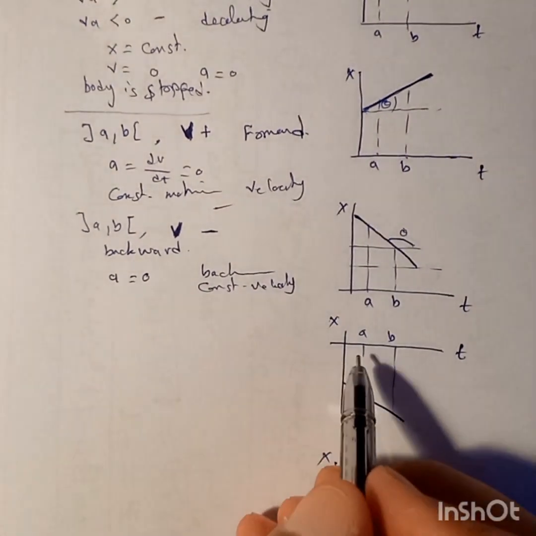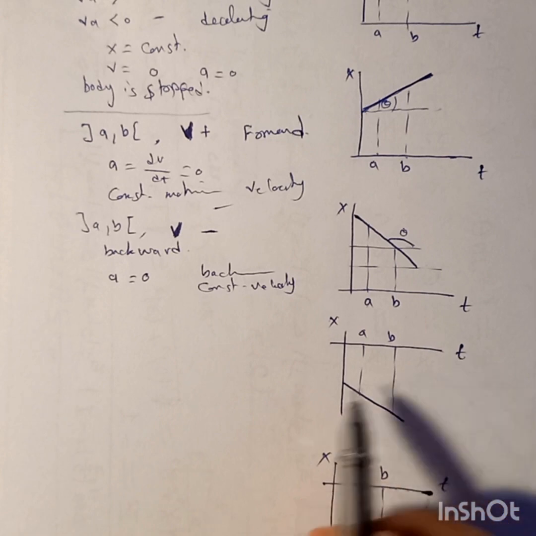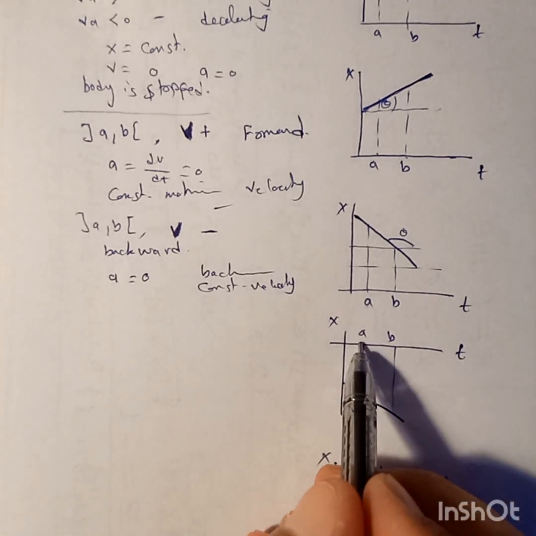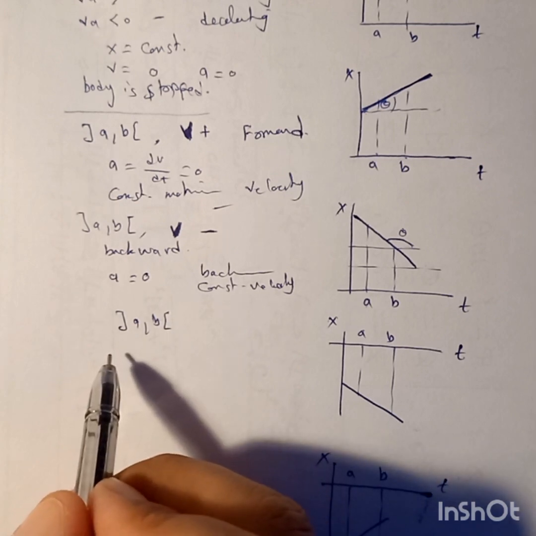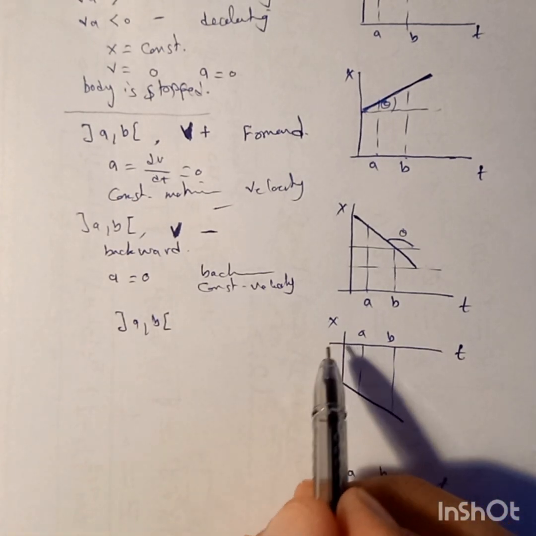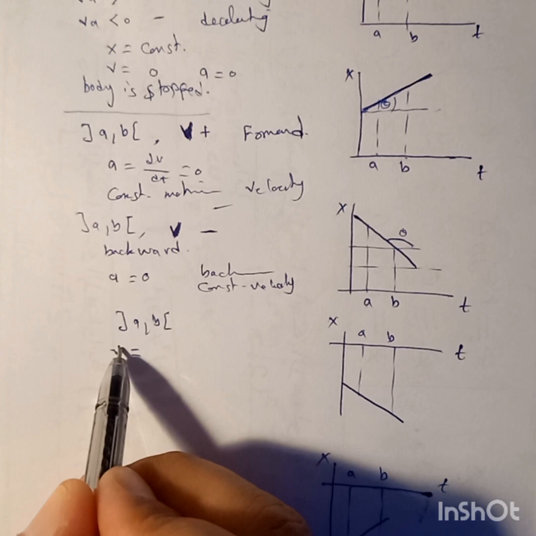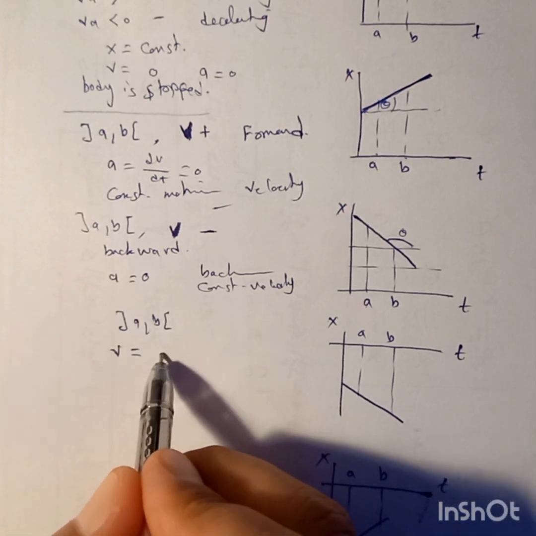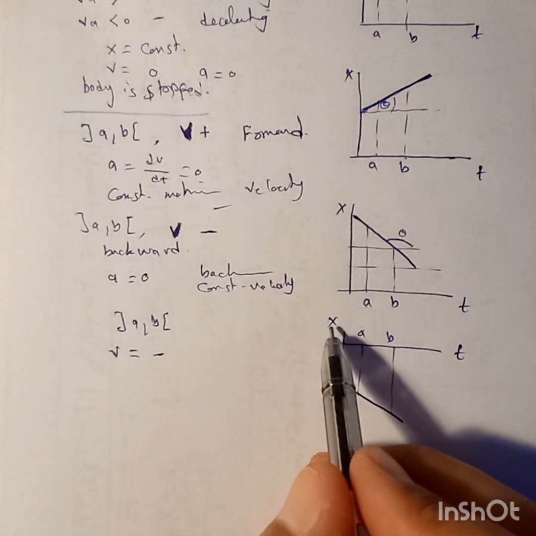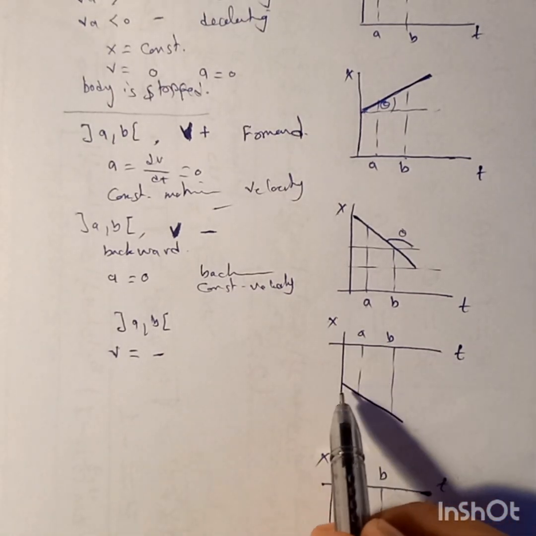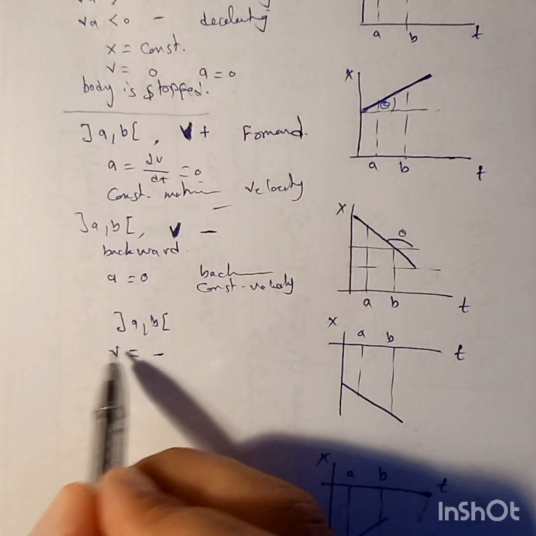Okay, for the fourth curve we have a relation between x and t during the time interval a and b. We need to find the sign of velocity. Velocity here equals negative, as the slope of this curve representing the relation between x and t represents the velocity.